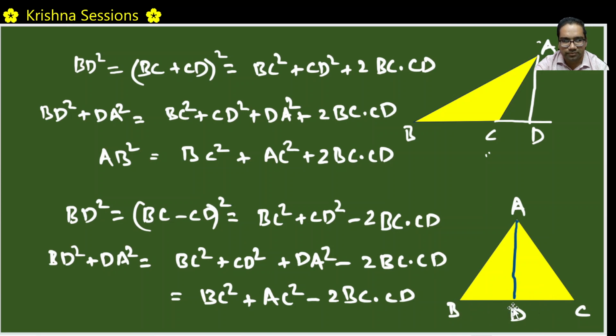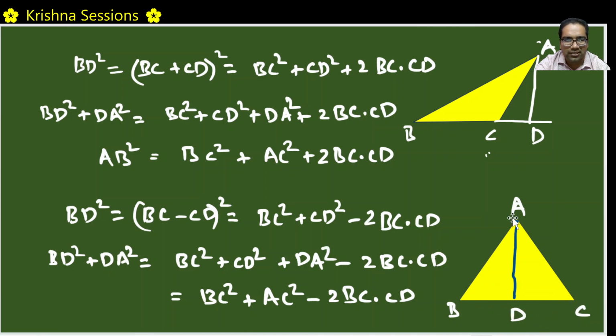What is BD? BD is BC minus CD. So BD square is (BC minus CD) whole square, again (A minus B) whole square, which is equal to A square plus B square minus 2AB. Here BC is A and CD is B.